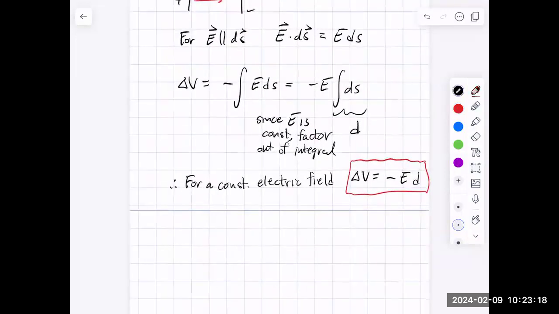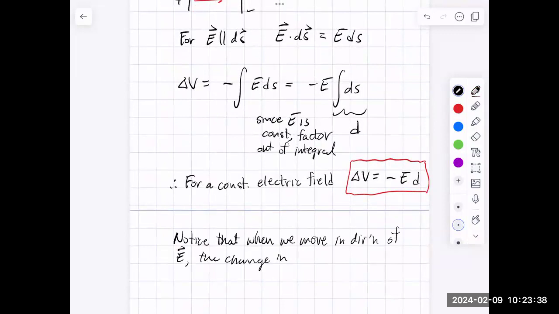So notice that when we move in the direction of the electric field, the change in potential, delta V, is less than 0.